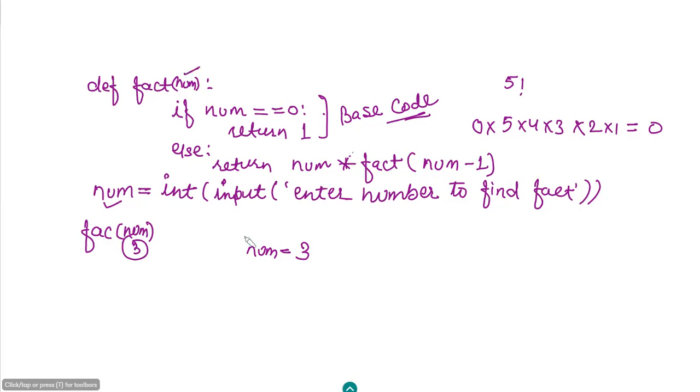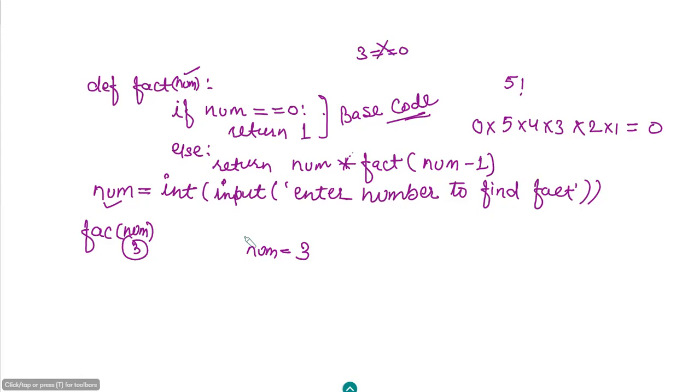You can take the same variable name, or you can also differentiate. So if number is equal to 0, now the number is 3, and 3 is equal to 0. That condition is incorrect, so that block will not be executed.